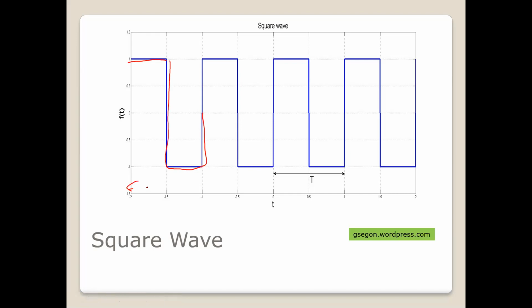So the time taken here would be our periodic time. If we want to start at this point, then it would be here. Right, so there. Again, that would be our periodic time. So the periodic time would be the time taken for one complete oscillation, or one complete cycle.